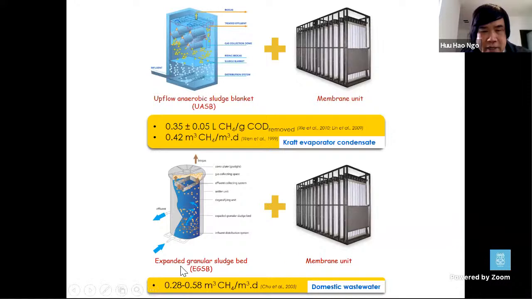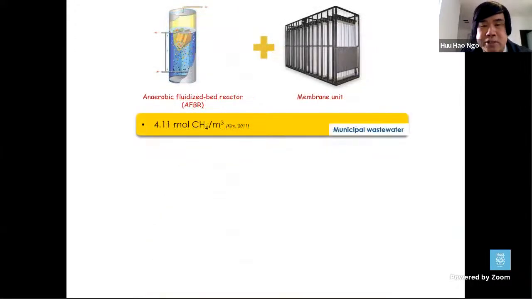All right, and then we use the expanded granular sludge bed together with the membrane, and we go up to 0.58 cubic meter methane per cubic meter wastewater per day as well. And for the anaerobic fluidized bed reactor with the membrane unit, we have 4.11 mole methane per cubic meter.